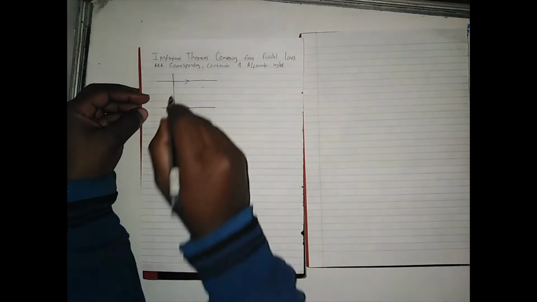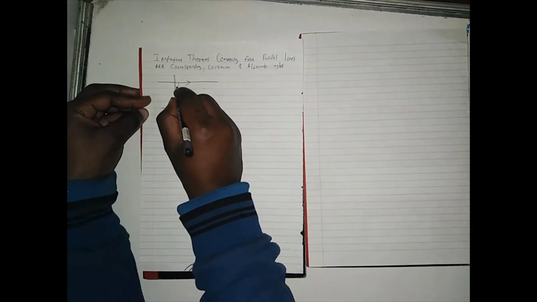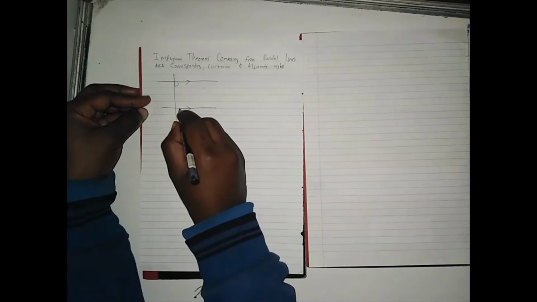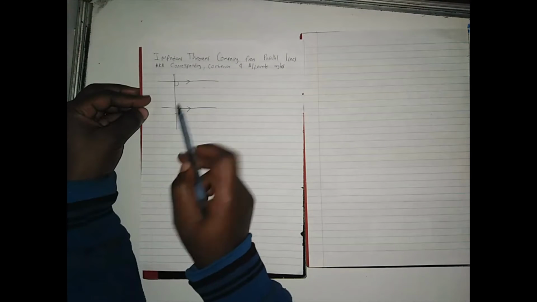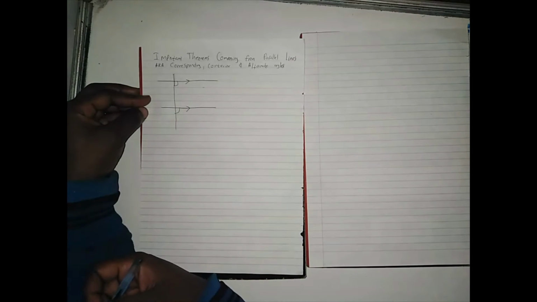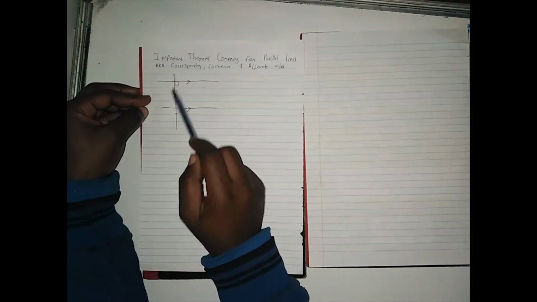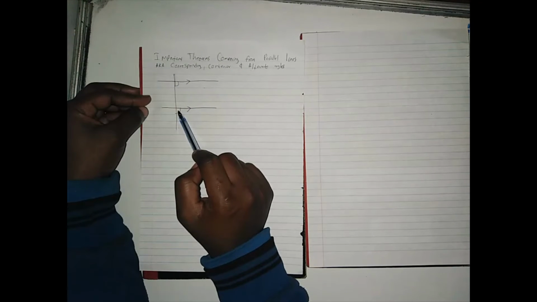Corresponding angles simply mean that one of the angles is here and then another one is here. So this angle corresponds to this angle. If you have angles that are standing in a line that is F-shaped, and that F is formed by parallel lines, then those angles are corresponding.